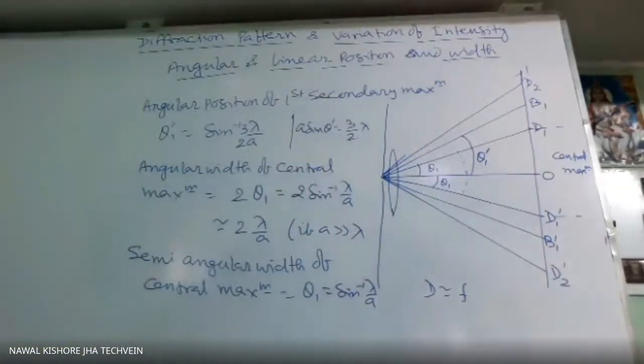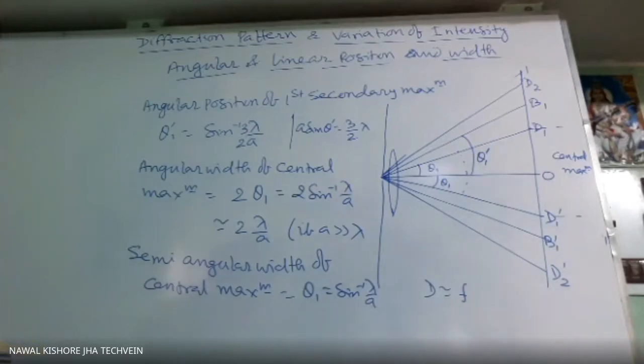For bright, the condition is that the path difference between the two extreme rays of the same wavefront, not two rays of two different slits, must be an odd multiple of lambda by 2.